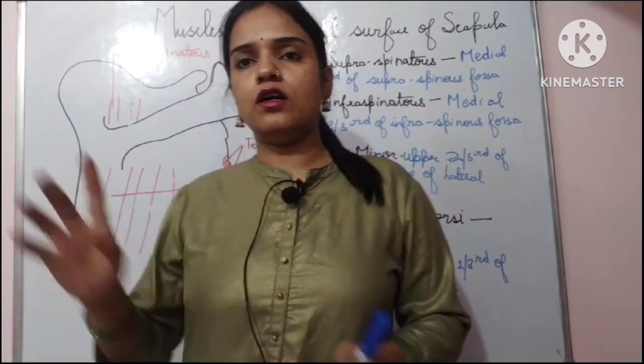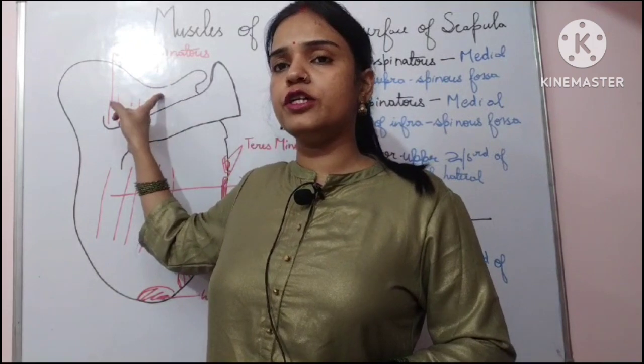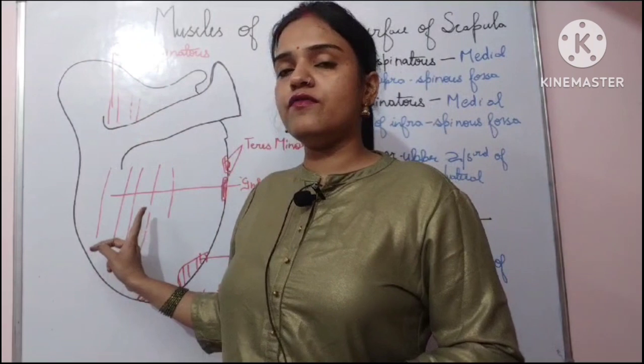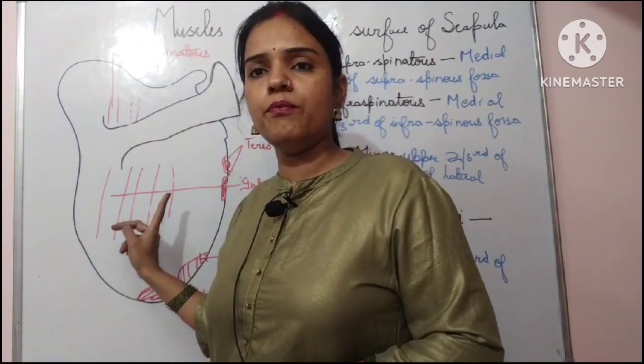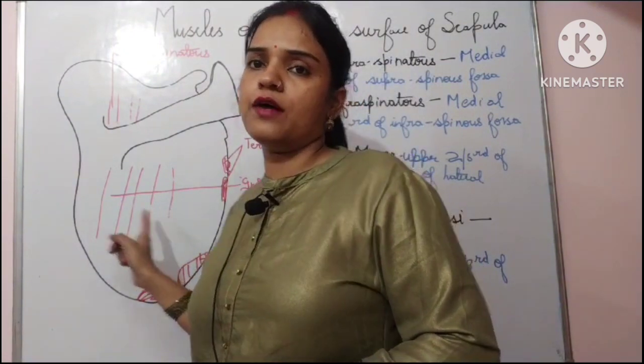First of all, supraspinatus arises from the medial 2/3 of the supraspinous fossa. Next one is infraspinatus, which arises from the medial 2/3 of the infraspinous fossa.